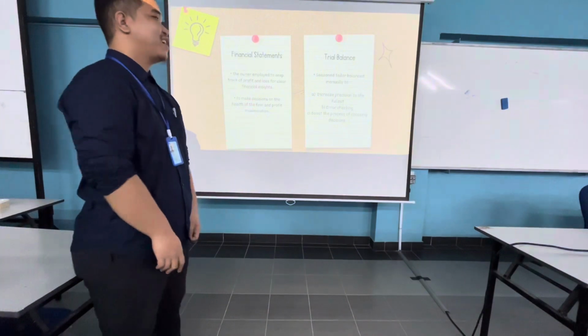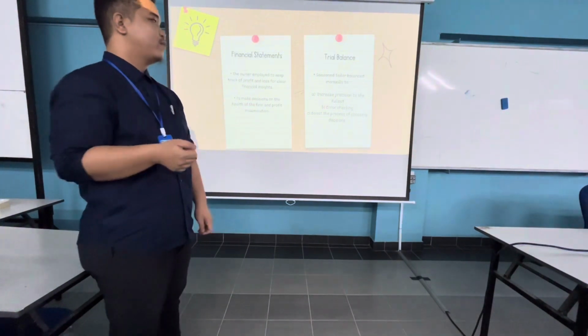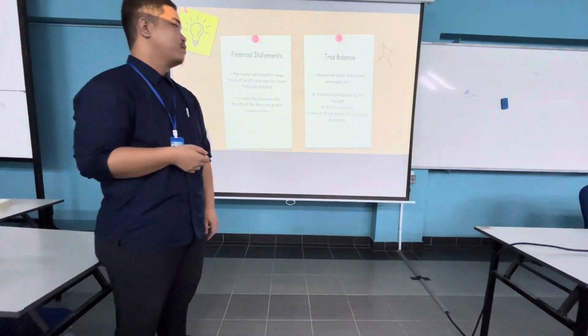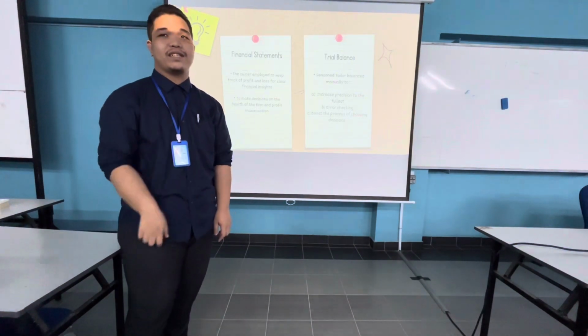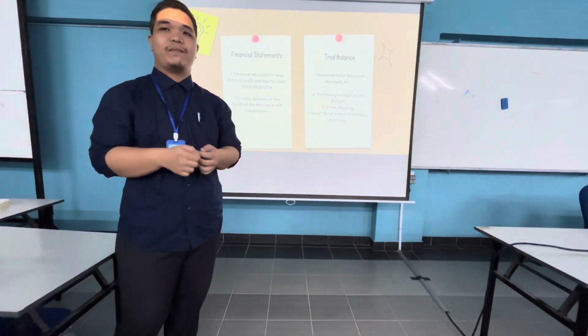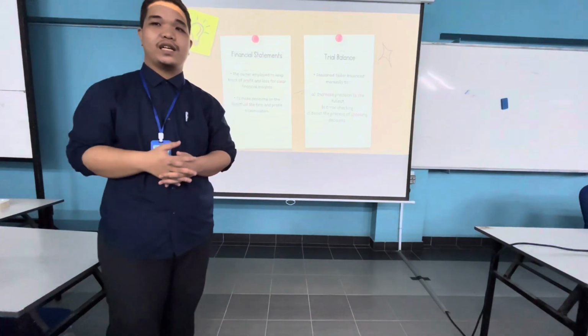One is the trial balance. Season Tailor balances manually to increase precision to the fullest. And number two, error checking and boosting the process of making decisions. A post-closing trial balance is prepared to ensure that temporary accounts have been closed properly.